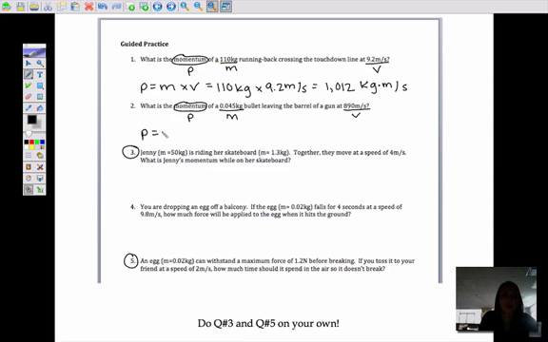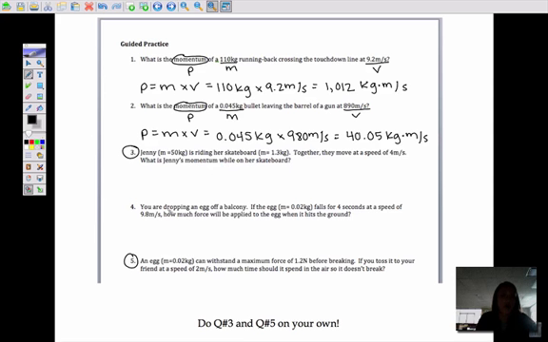P is equal to m times v, which is going to be equal to 0.045 kilograms times 980 meters per second. When I multiply these two numbers together, I'm going to get 40.05 kilogram meters per second. You're going to do 3 on your own.